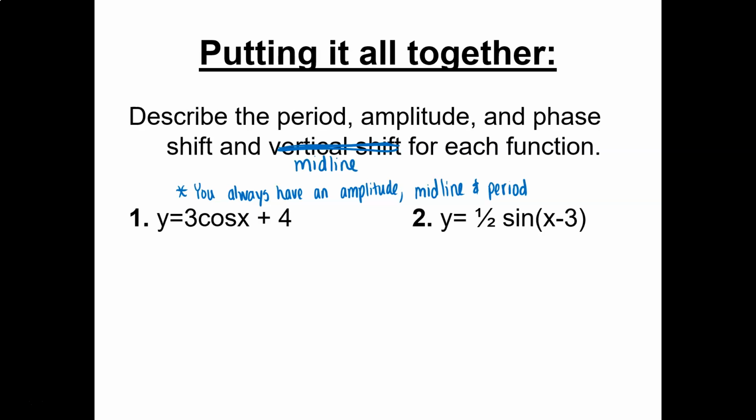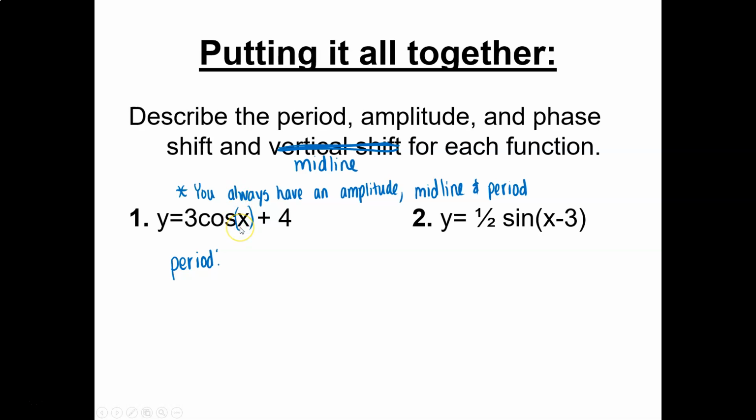So if we're looking at this problem right here, we don't see any parentheses, which means the parentheses would just be around that X. So when I'm looking for the period of this function, there is nothing there that changes the period. That B in front of the X would change the period.